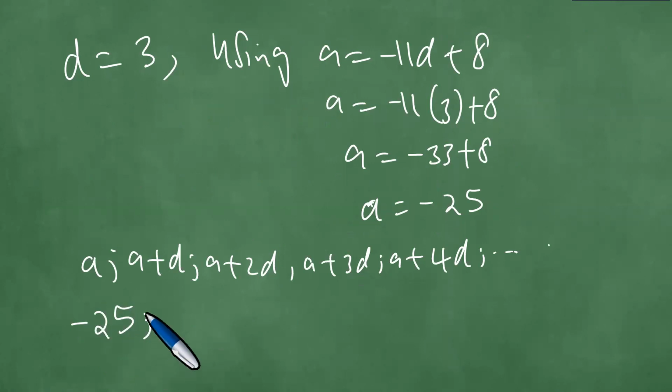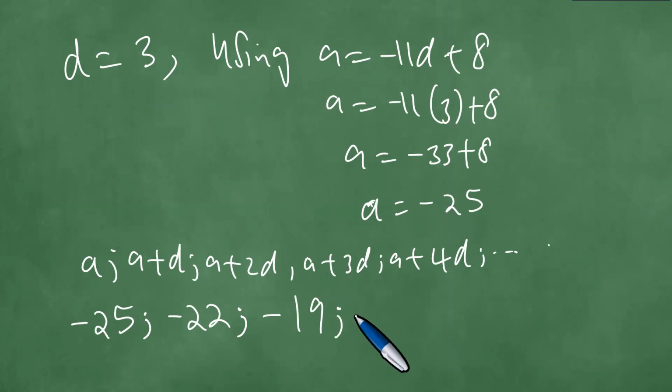Then you have a plus d, minus 22. So 2 times d, which is 6, gives minus 19. That is the sequence.